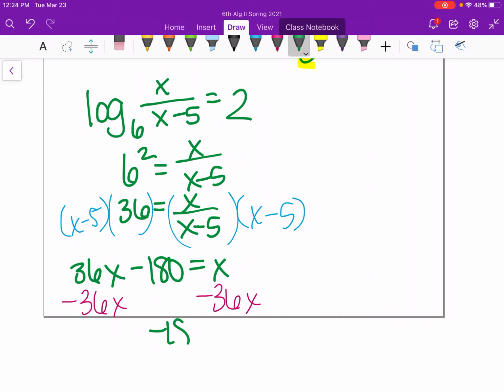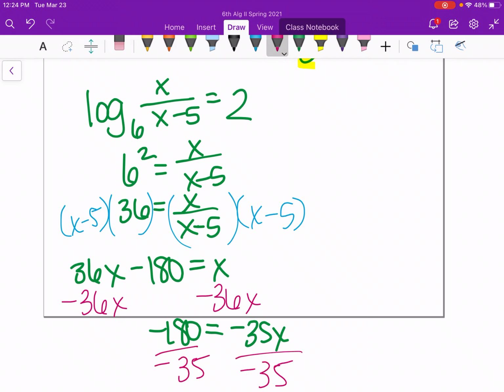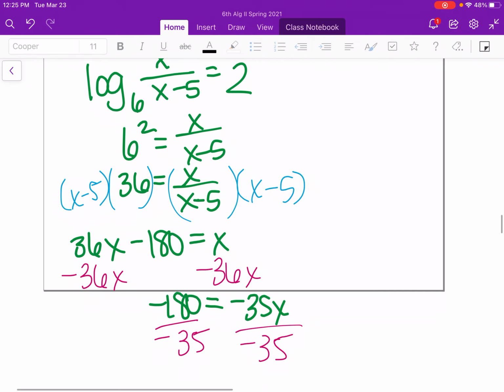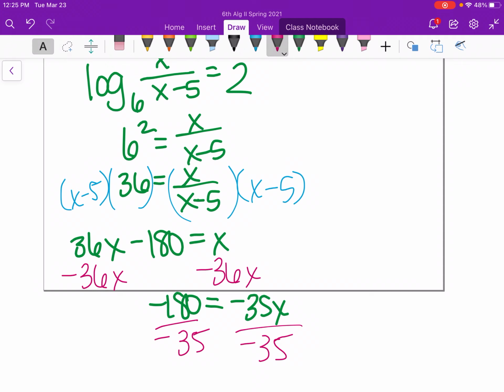So I have negative 180 equals negative 35x. Divide by negative 35. And I get 180 divided by 35, which is a fraction. You should have an exact answer. If you do that in the calculator, you get 5.14 or something, right? So as a fraction, it's 36 sevenths. So you've got 36 sevenths is x.